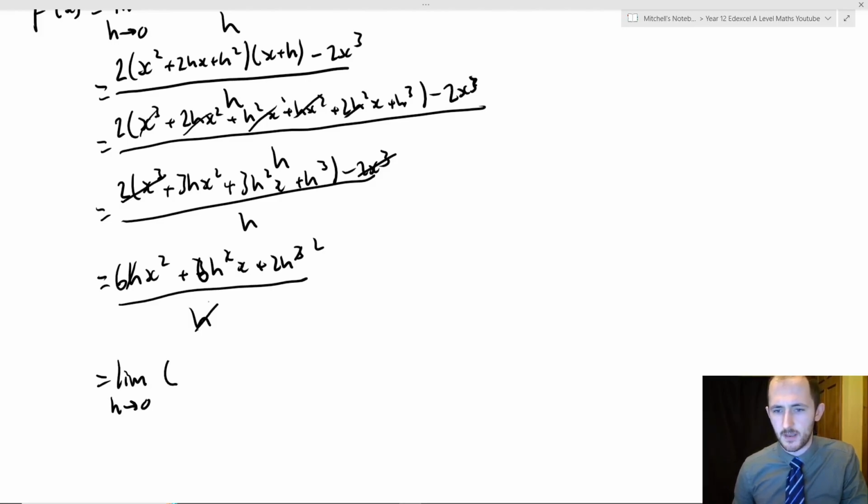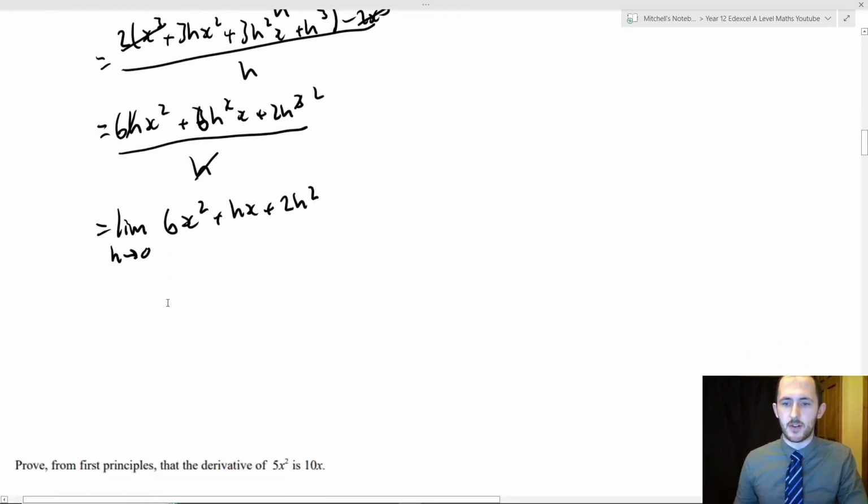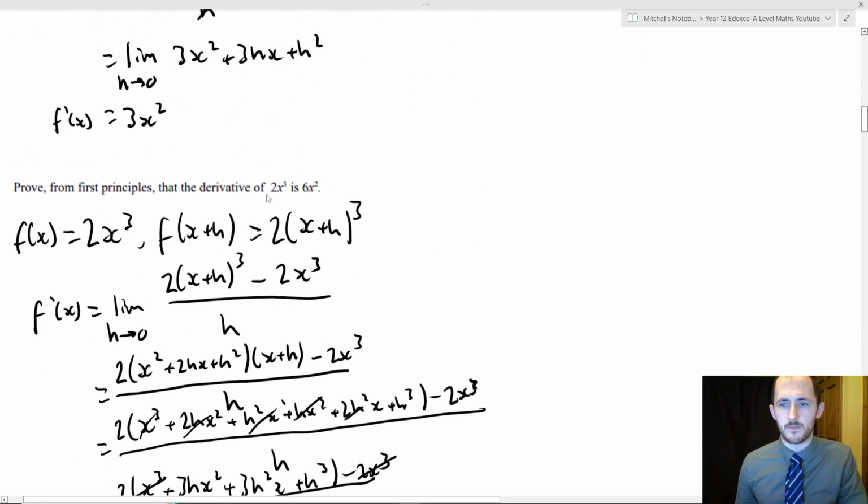Plus hx plus 2h squared. And once again, if I make h approach 0, then these two terms are going to disappear, which leaves me with 6x squared, which again is what the answer is.